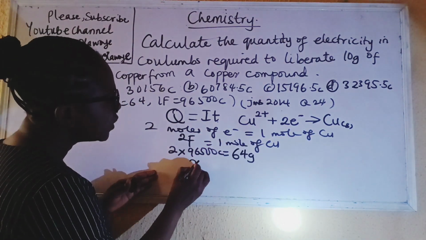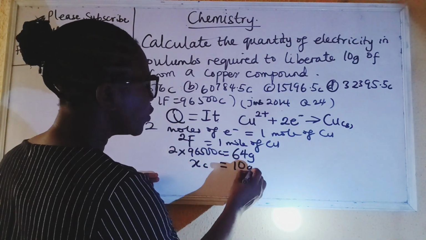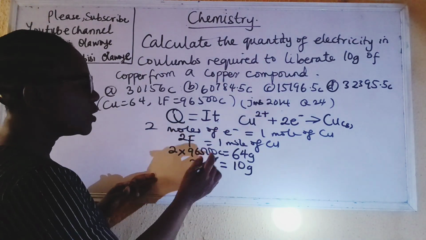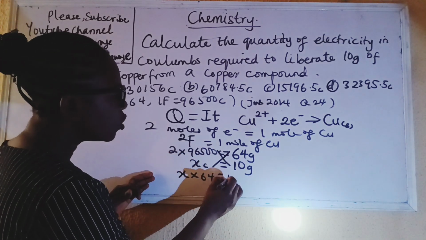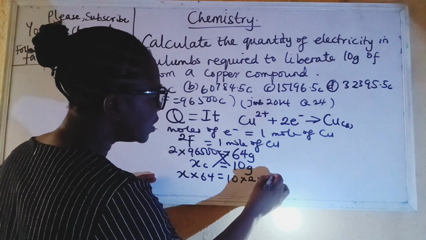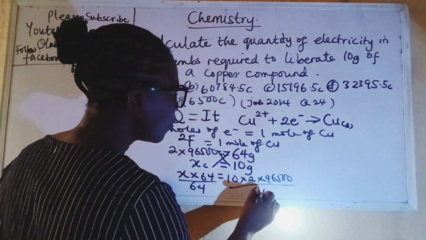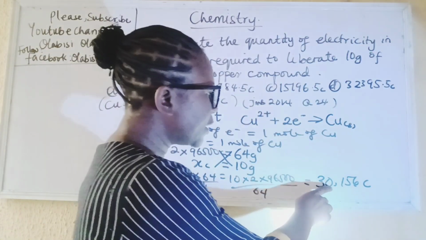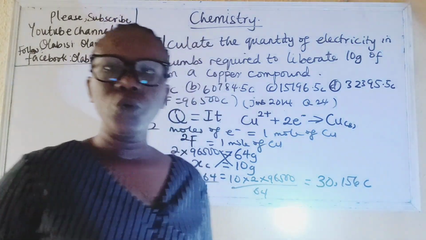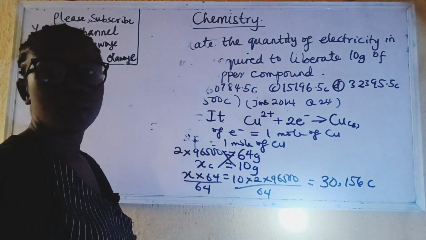So what quantity, which is x coulombs, will liberate 10 gram from the question? We can say gram is under gram, quantity of electricity is under quantity of electricity. So x multiplied by 64 equals 10 multiplied by 2 multiplied by 96,500 coulombs. Dividing both sides by 64, our answer gives 30,156 coulombs as our answer, which is in option A.